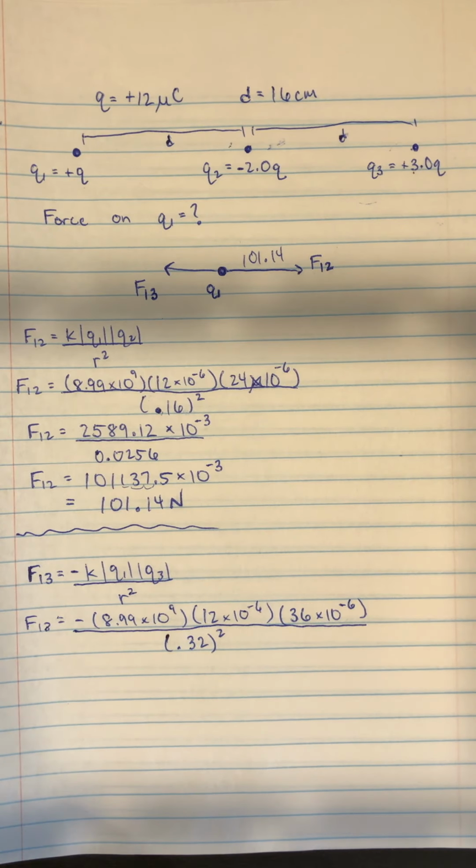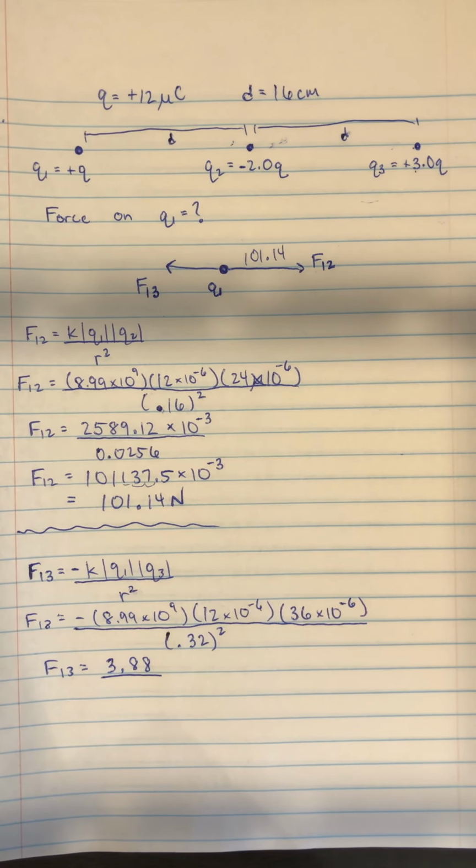Times 10 to the 9th times 12 times 10 to the negative 6th times 36 times 10 to the negative 6th will give us 3.88 on top divided by 0.32 squared, 0.1024, and we divide those two.